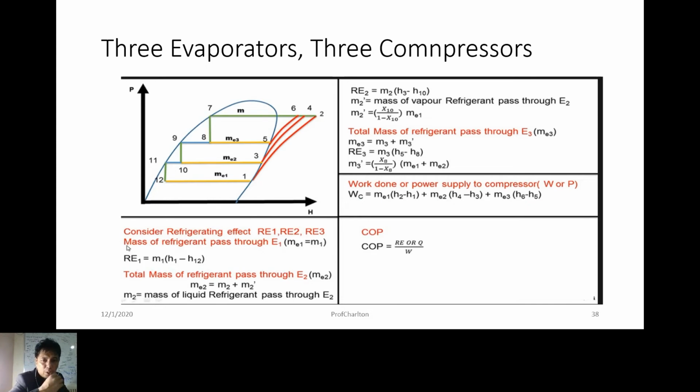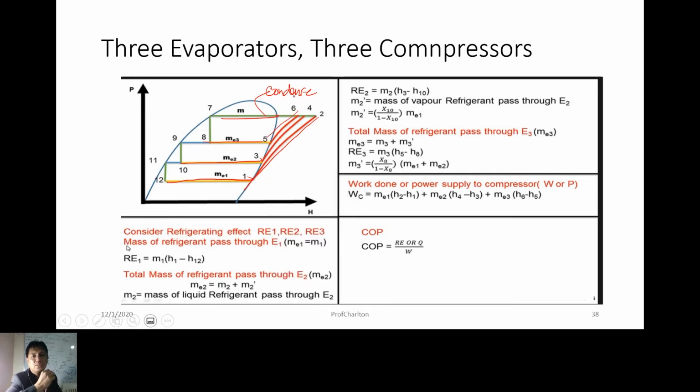Here, we have to find out where the evaporators are. Look at this, this is the evaporator. And this one is the condenser. How many compressors are there? 3, right? 2 and 1, 4 and 3, and 6 and 5.